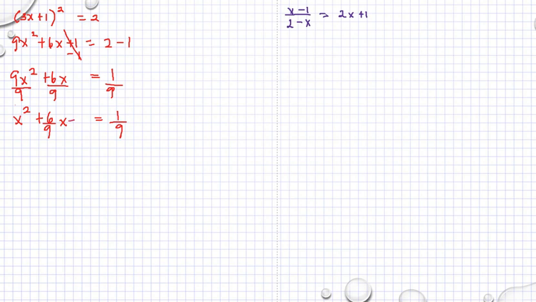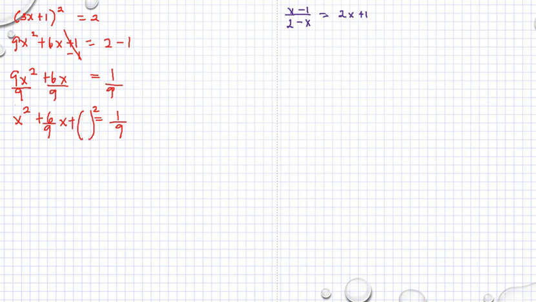Adding to both sides of the equation the half squared, we have 6/9, or 6/9 can be 2/3. I will write 2/3 here instead.